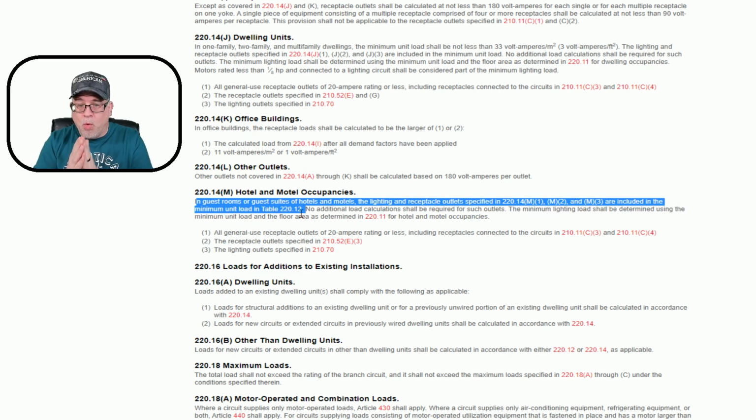So that 1.7 covers the general use receptacles. Okay, that covers all of those that we're considering. It covers the bathroom receptacle. Okay, it covers that GFCI I was mentioning. It covers all that already in that 1.7 VA. So relax. You didn't have to do anything really excruciating to understand that. But again, understand that that's included in it.